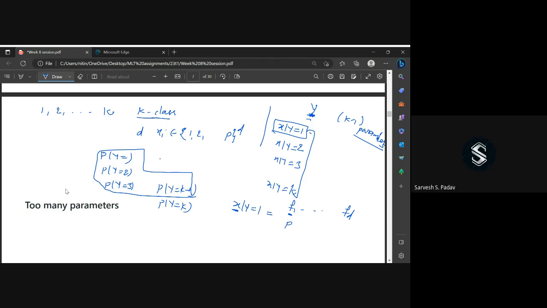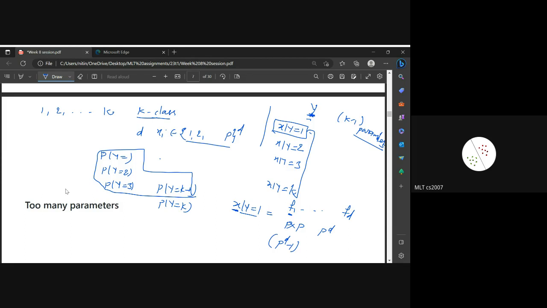Every feature can take p values. Similarly, for f2 you have p choices, and so on up to d. So p raised to power d data points you can form for this. And p raised to power d minus 1 parameters you have to estimate, because one you can always avoid, because it always adds up to 1.